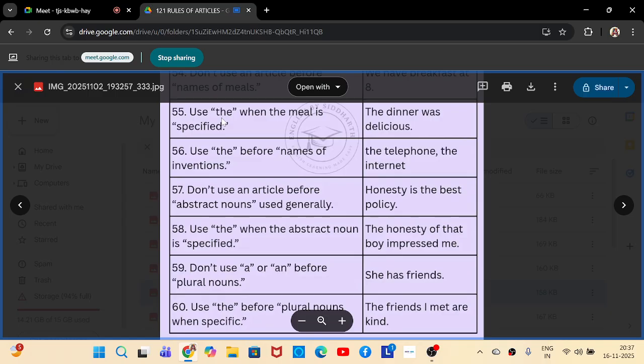For example, the telephone, the internet, the radio, then we can say the electricity, the light. Even the invention of social media is also considered. The WhatsApp, the Facebook. Who invented Facebook? Any guesses?